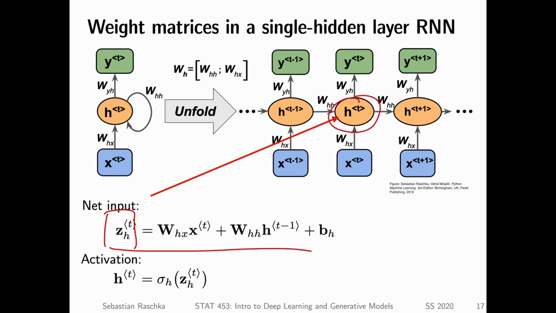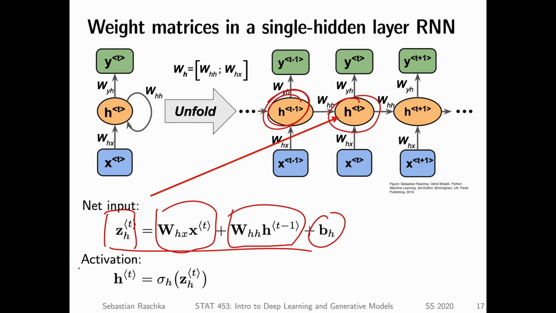So this would be the net input for this hidden layer, and this is just like for a multilayer perceptron, computed by multiplying the weight matrix between the inputs and the hidden layer to produce the net inputs. And then we also have a bias unit. So if we would only take these two, this would be just like a multilayer perceptron, but what's new is that we have the input from the previous hidden activation, which would be this part here.